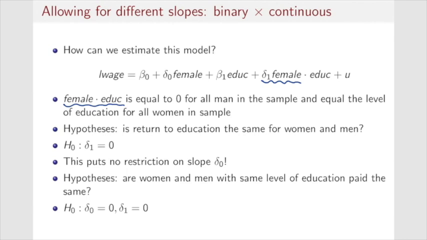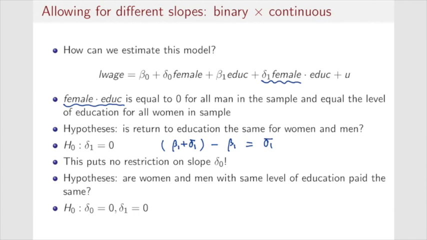Suppose the hypothesis is whether the return to education is the same for women and men. Then we are basically asking whether the slopes of the two population regression functions are the same or not. Notice the difference between the two slopes, beta 1 plus delta 1 for females minus beta 1 for males, is equal to delta 1.